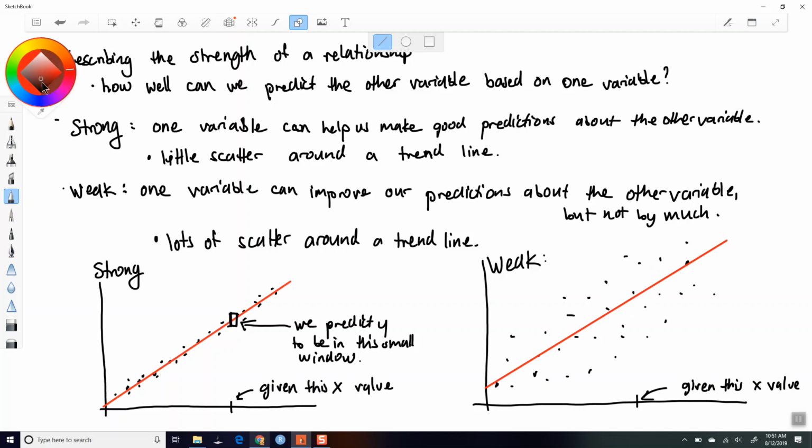And maybe I'll use a different color, my window of prediction would be somewhere in between, somewhere like that, okay?